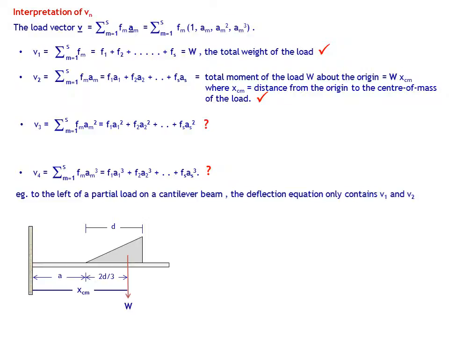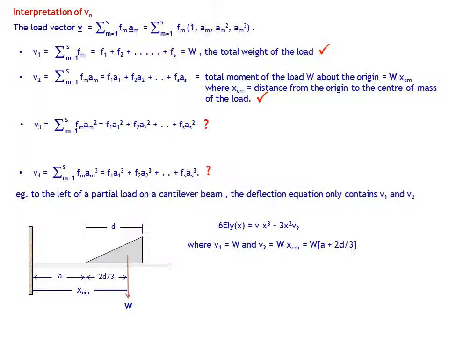This is particularly true for the deflection to the left of a load on a cantilever beam, where only v1 and v2 are involved. v1 is always equal to the weight of the load, and v2 is the moment of the load about the origin. If we have a rising triangular load, as shown here, the centre of mass lies at a point 2/3 of the way along from the left-hand point of the triangle, or 2d over 3, where d is the extent of the load.